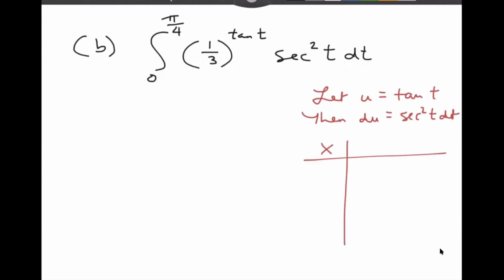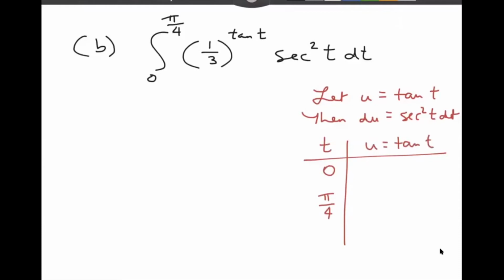T goes from 0 to pi over 4. Whoops, it's not x, is it? It's t. Okay. T goes from 0 to pi over 4. And u is equal to tangent t.